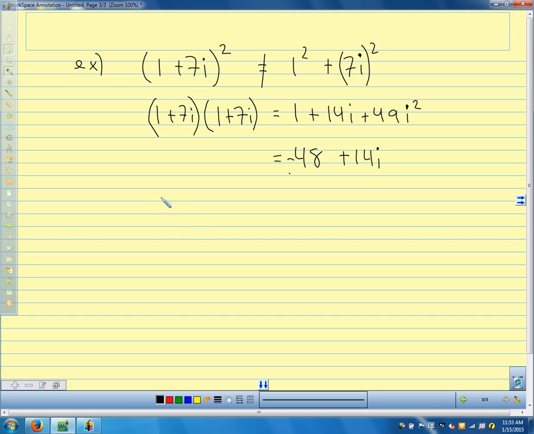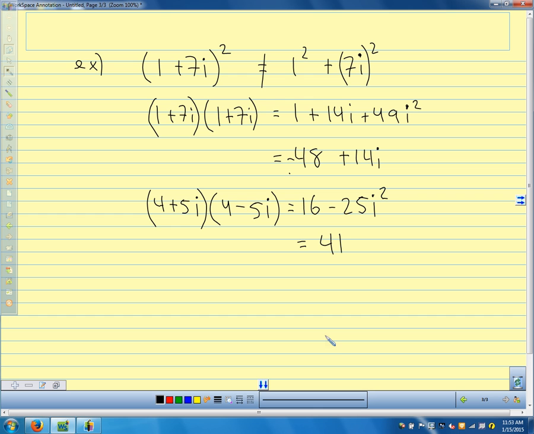One more. What happens if I get something like this? 4 plus 5i times 4 minus 5i. What are we going to get here? 16. And I get a minus 20i and a plus 20i. So those go away. So I get a minus 25i squared. So I end up with 16 plus 25, which is 41.